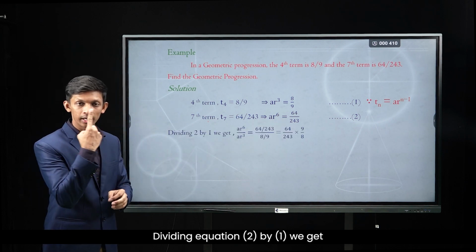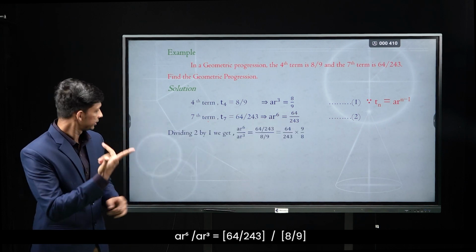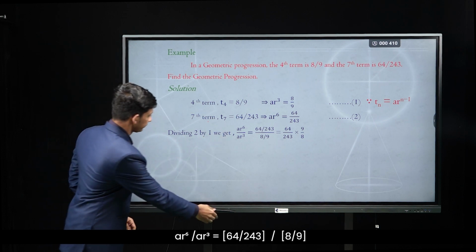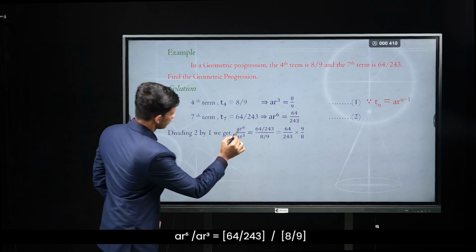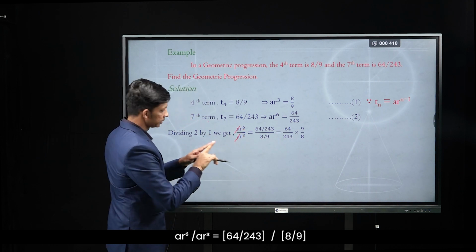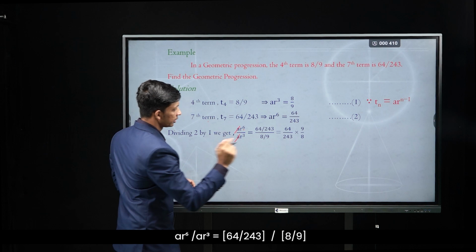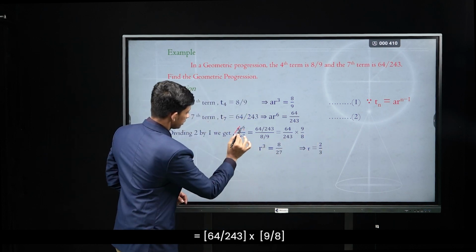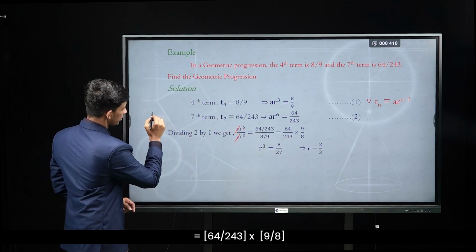Dividing equation 2 by 1, we get AR power 6 by AR cube is equal to 64 by 243 by 8 by 9. That is equal to 64 by 243 into 9 by 8.